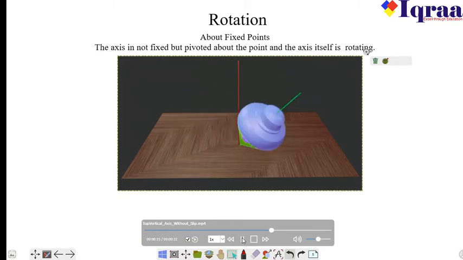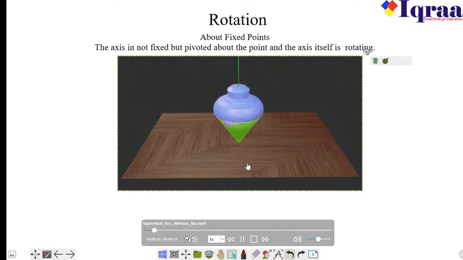The important point here is that the bottom point of the top is not moving on the ground, that is, the top is not slipping on the ground but is fixed. So we say that this rotation is about a fixed point.